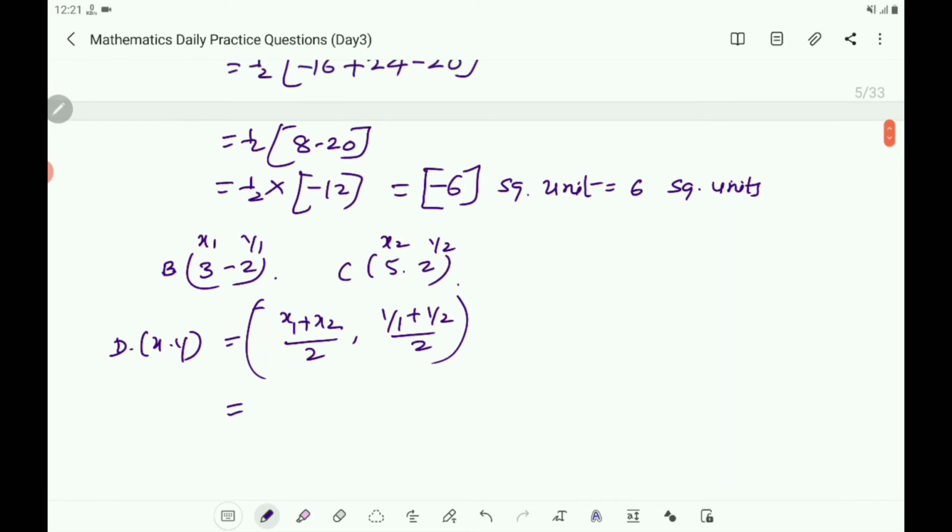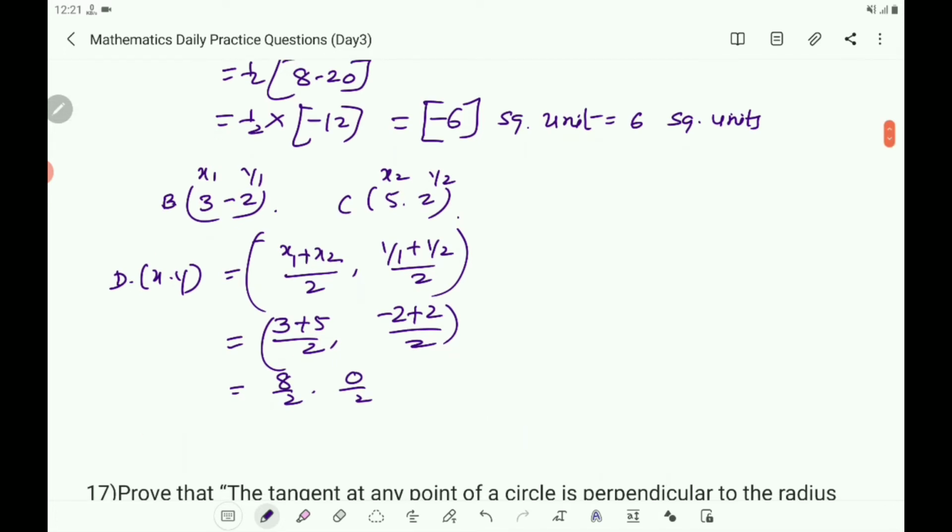Then x1 is 3, x2 is 5, by 2, and y is -2 plus 2 by 2, that equals 8 by 2, 0 by 2. So you got D(x, y) equals 8 by 2 is 4, 2 ones are 2, 2 fours are 4, 0 by 2 is 0. You got the coordinates of the midpoint D as (4, 0).